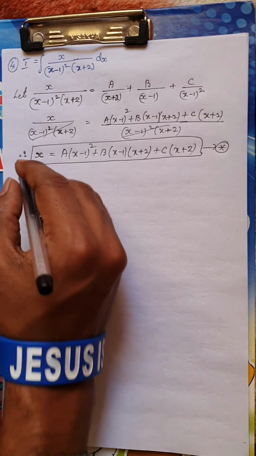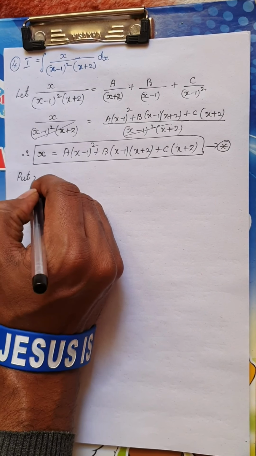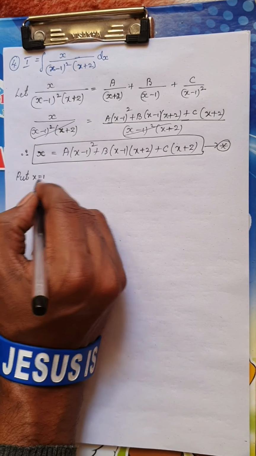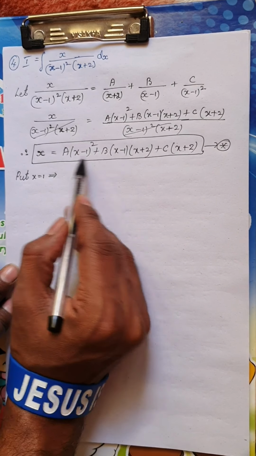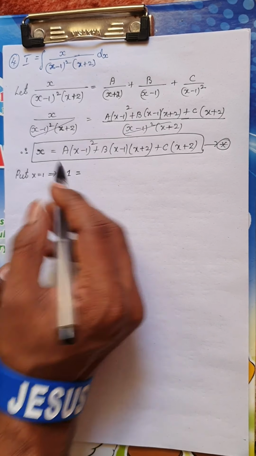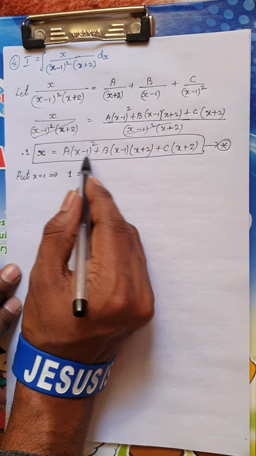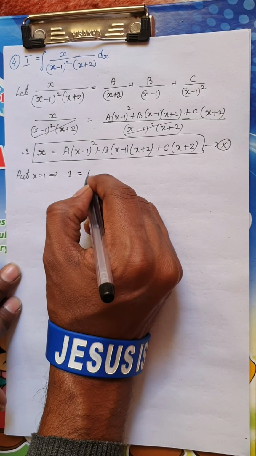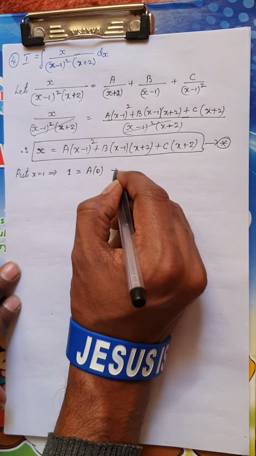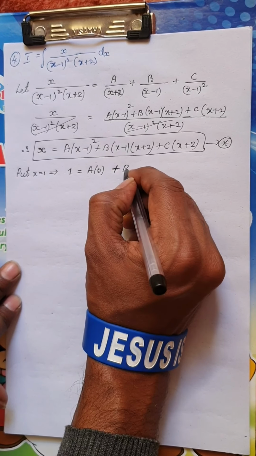Therefore now in this case I will put x as 1. So if I put x as 1, what happens to the left hand side? I will have x directly equal to 1. Now because I put x as 1, 1 minus 1 becomes 0. So I will get a into 0, plus whichever factors have x minus 1 become 0.